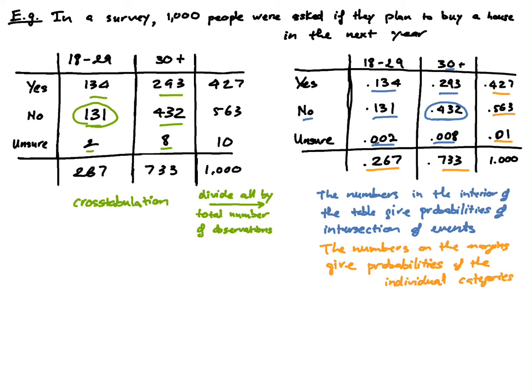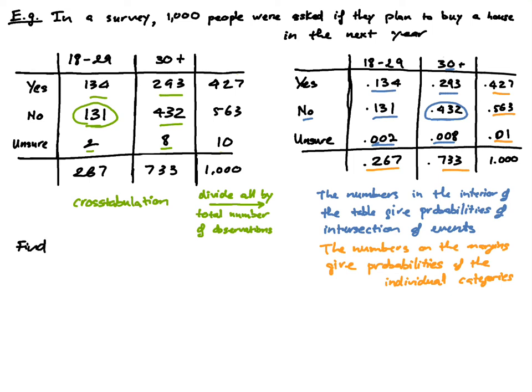So this kind of table is extremely powerful in a sense that it gives you all the information you need to compute a bunch of conditional probabilities. So let's look at a quick example.